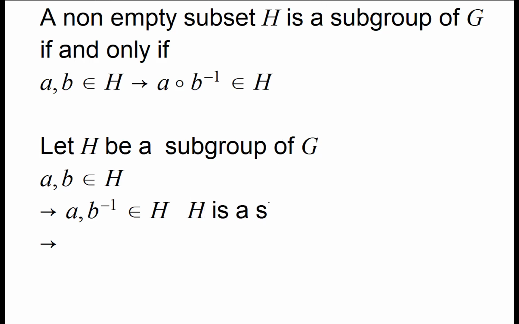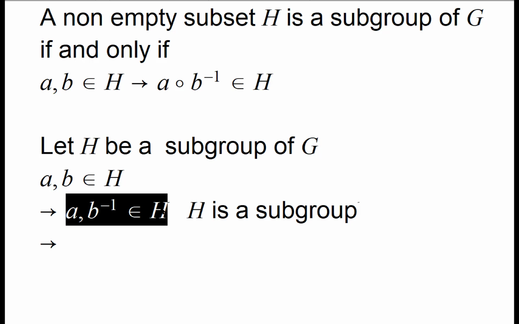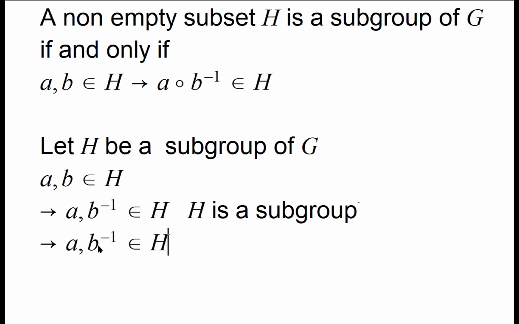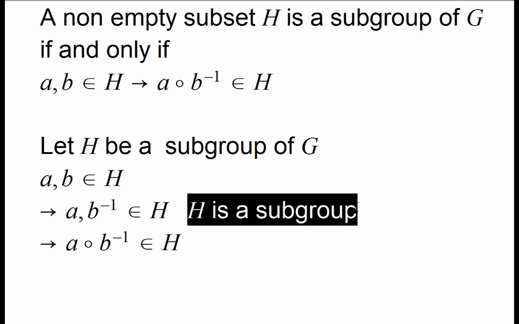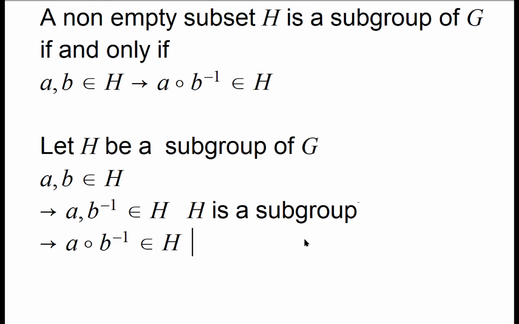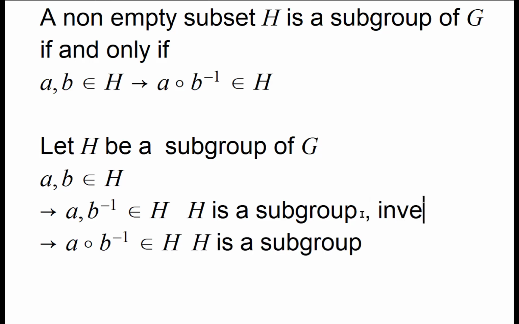Okay, all right, so let's write it down. That is a subgroup, and this implies that these two are in here because H is a subgroup. So it should have inverse.